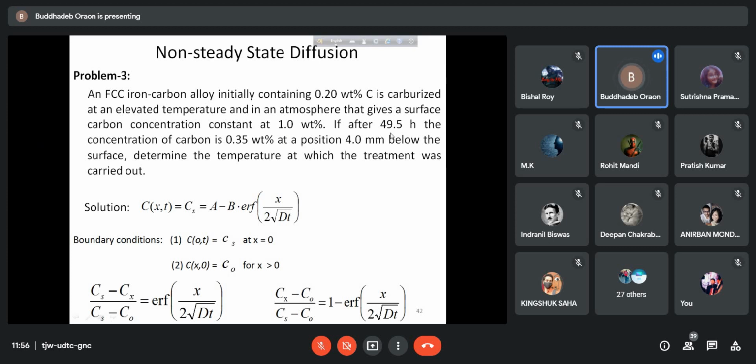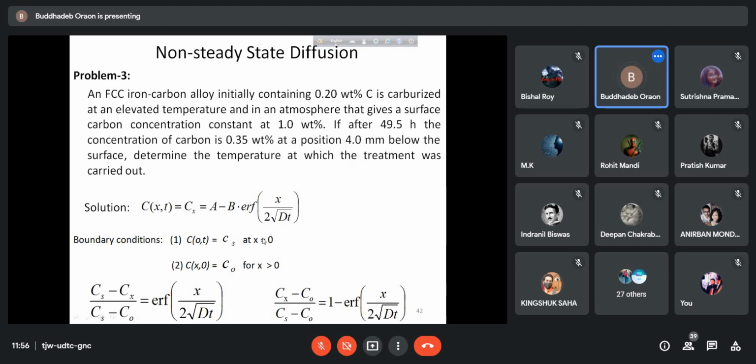After 49.5 hours, the concentration of carbon is 0.35% at a position 4 millimeter below the surface. Determine the temperature at which the treatment was carried out.